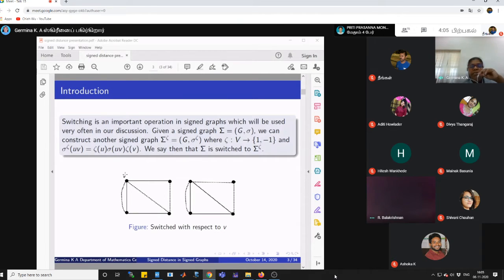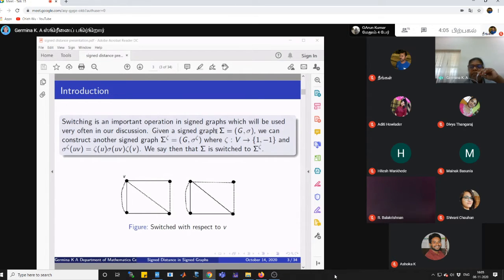Another operation we always come across in signed graphs is switching. It is an operation that will be used very often in our discussion. So let us have a look at what we mean by switching in a signed graph.